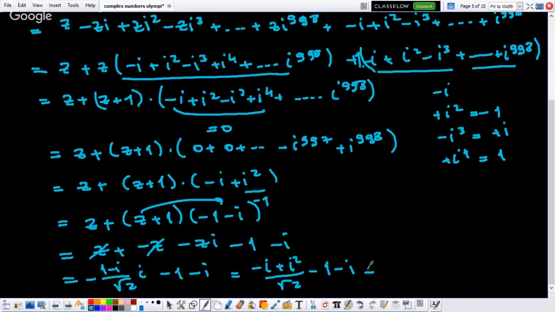Then this i squared is going to be equal to minus 1 again, minus i minus 1 all over root 2. And as I see here, this part is also the same. So if I multiply, I will get the common term in parentheses like this, minus 1 minus i.